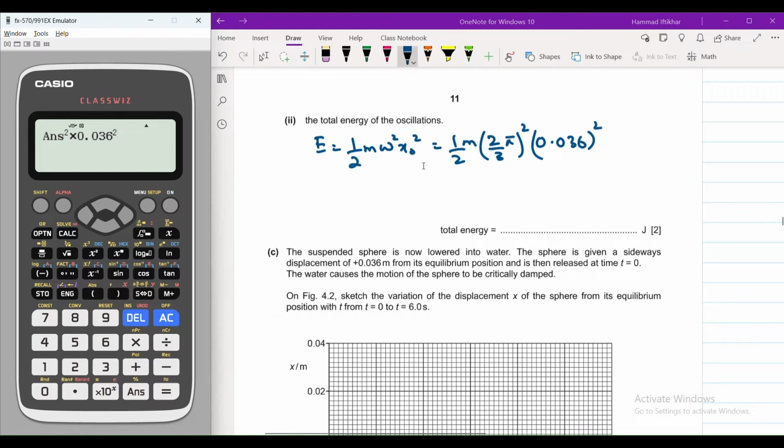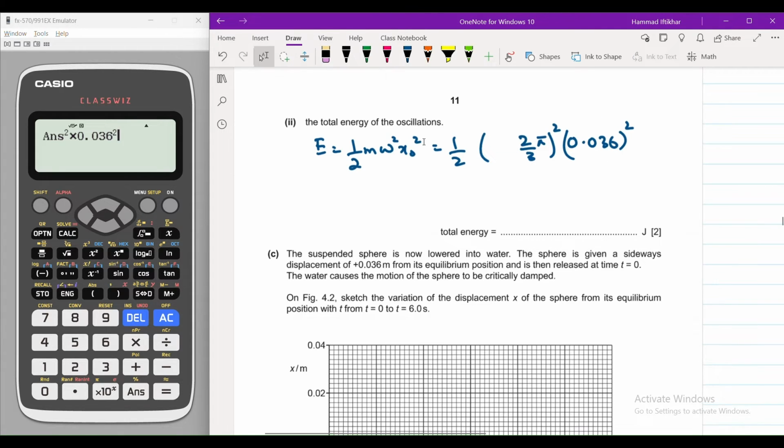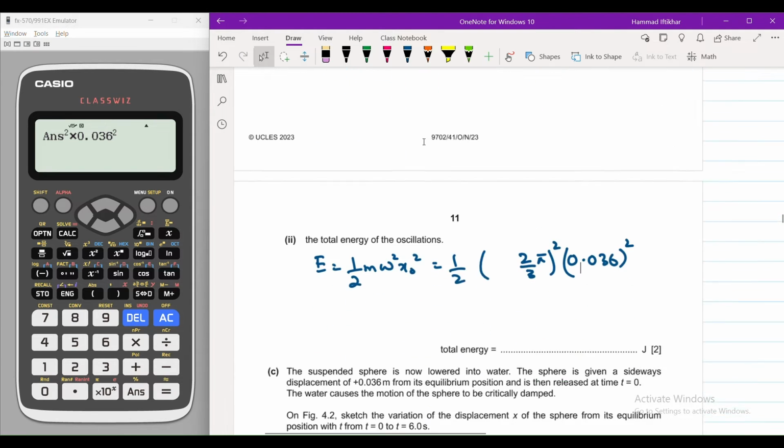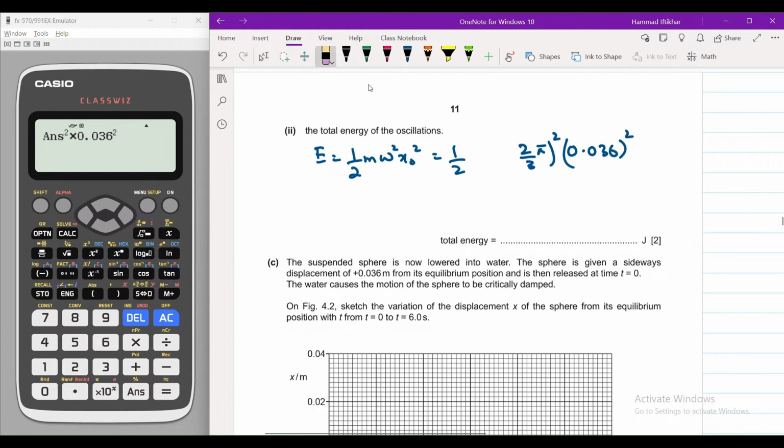Mass was 0.81 kilograms. So times 0.5 times 0.81, that is 2.3 times 10 raised to the power minus 3 joules. So we will write 2.3 times 10 to the power minus 3 joules.